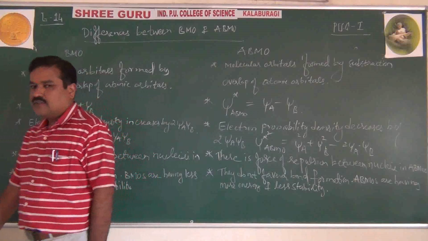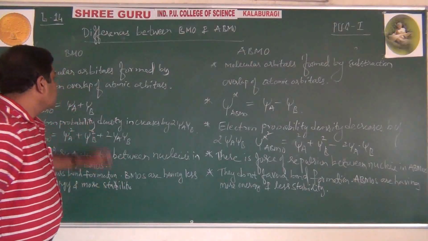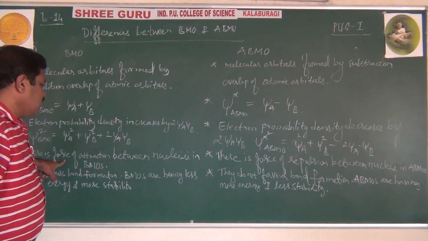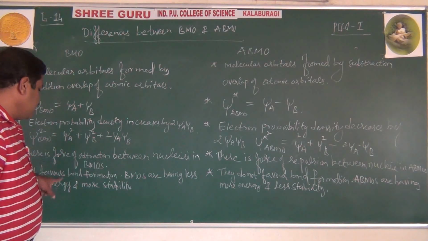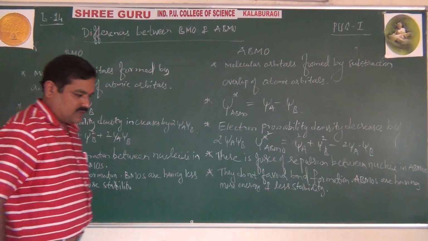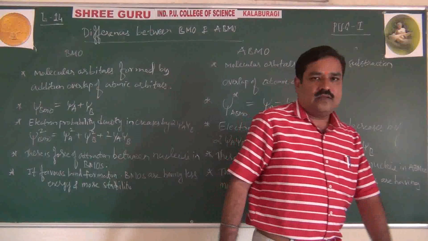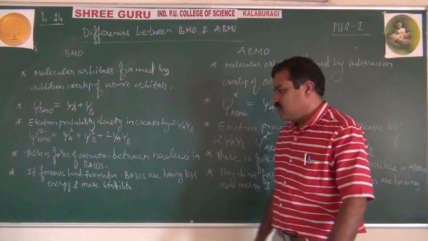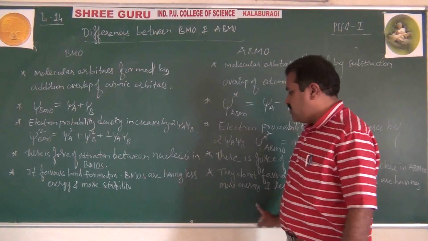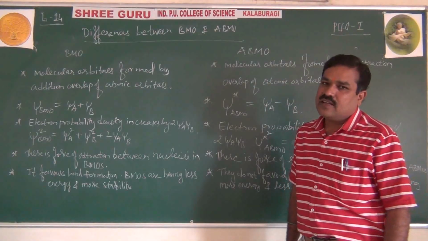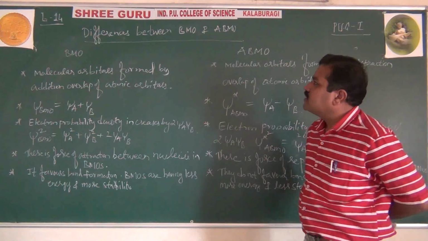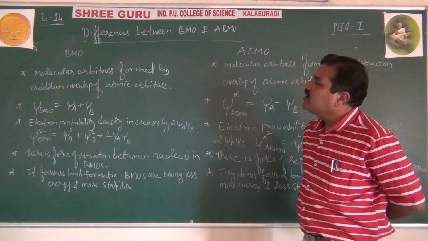This can also be asked sometimes for 3 marks. The first is definition, then wave function, electron probability density, attraction and repulsion of nuclei, favoring bond formation, and energy and stability. And I always tell you, bonding molecular orbitals may or may not have a nodal plane or node, but anti-bonding molecular orbitals always have a nodal plane. This is another difference you can write.